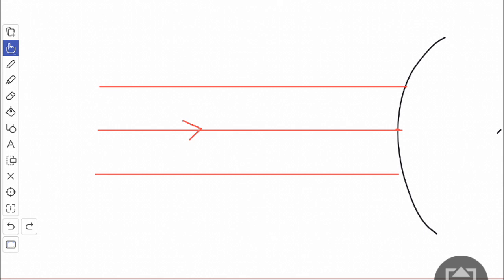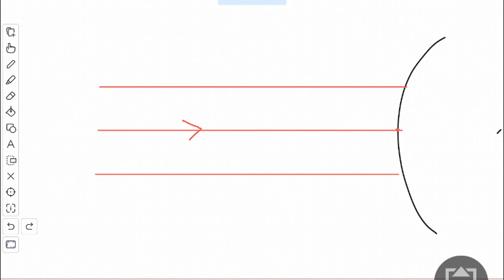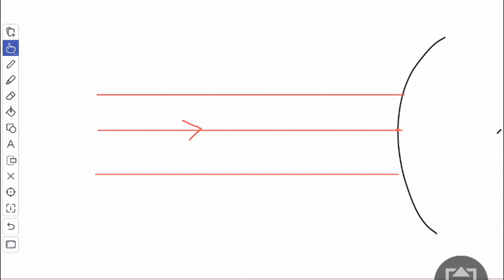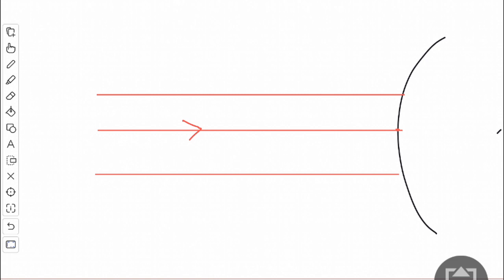I wanted to compress this slightly. I'm trying to zoom it a little bit. This is a little problematic. Okay, this should be enough. So now the question is, what will happen to these rays?